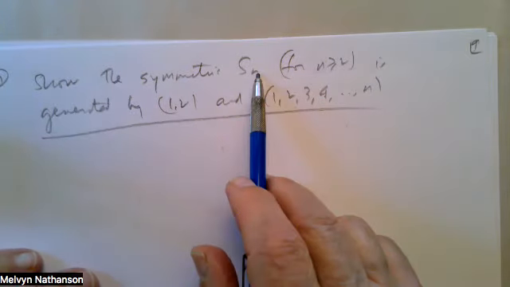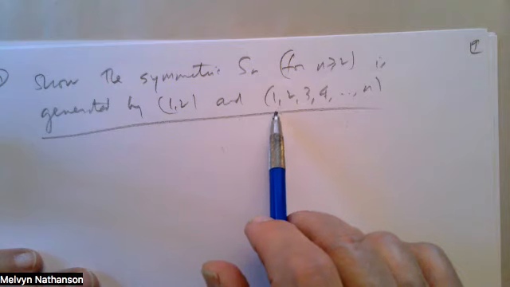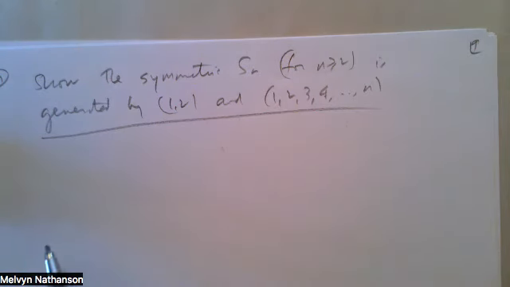So the smallest subgroup of S_n that contains these two particular permutations contains the whole group, is the whole group.